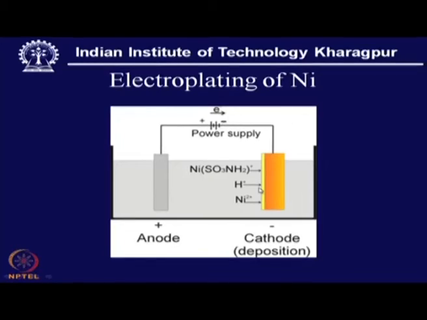If, for unfortunate eventuality, hydrogen gets in, we may not get the desirable structure, and it is going to be a globular form with entrapment of hydrogen, and that type of coating cannot be useful. The surface will be very rough, it will be hollow, it will lack strength and all other mechanical qualities. So, there we have to pay attention.